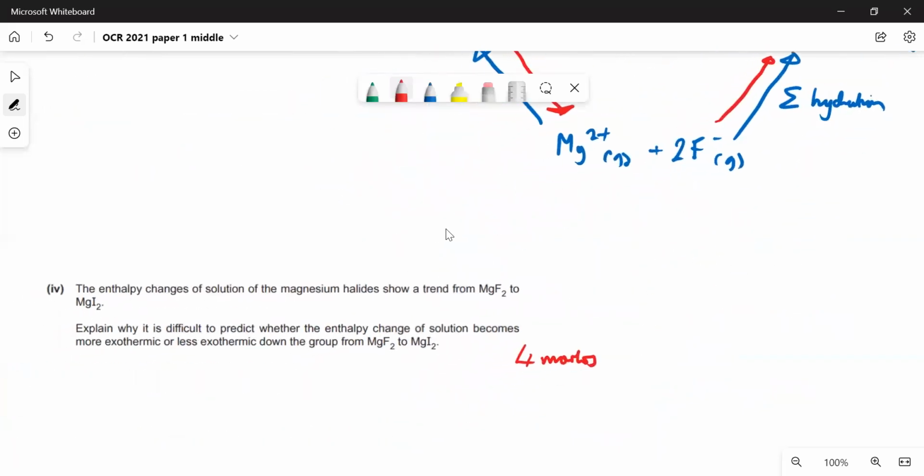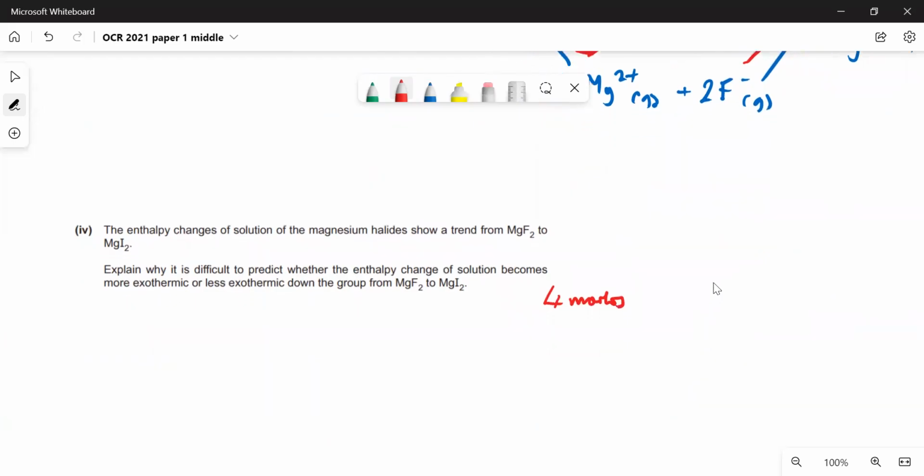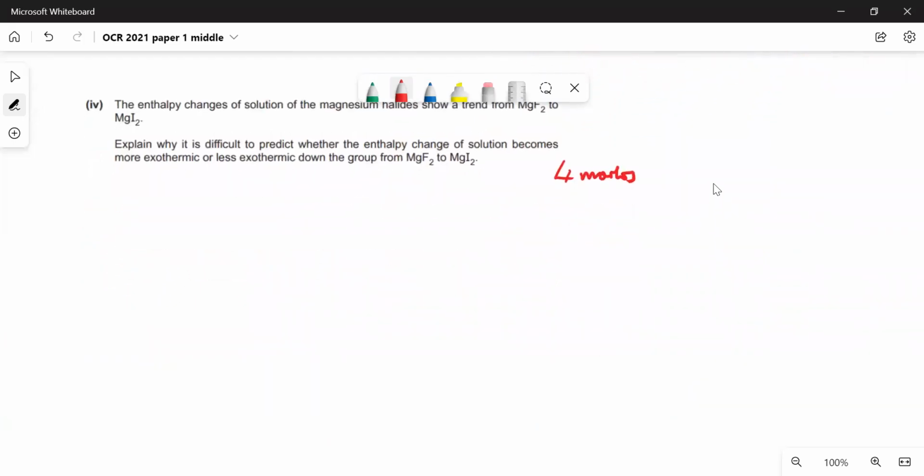Okay, the enthalpy change of solution of magnesium halides shows a trend from MgF2 to MgI2. Explain why it's difficult to predict whether the enthalpy becomes more or less exothermic down the group. Okay, now let's have a look at this. If I just sketch this diagram again, I'm going to have gaseous ions up here.